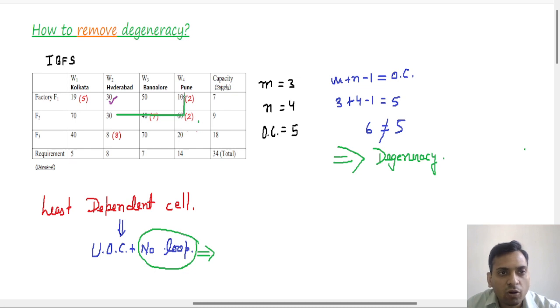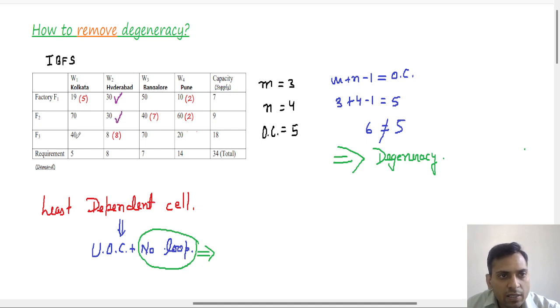Now next towards occupied, no movement. And next occupied in this column, no. So we will not create a loop from this direction. This means we can't create a loop for this one, this one.